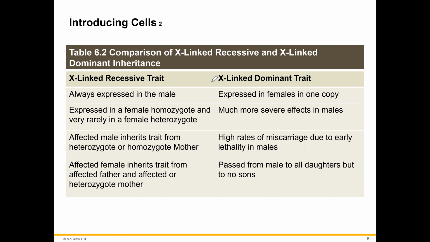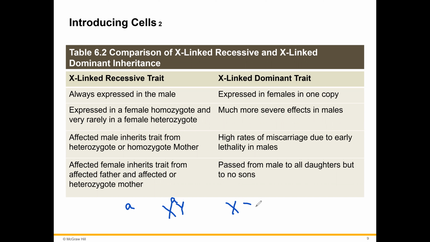If it's an X-linked dominant trait, it's expressed in females in one copy. So that's what it says. Let's say we have an allele and it's recessive, a, right? If we have a male, even the recessive allele will be expressed if it's linked to X, because there is no other dominant allele that would mask this recessive.